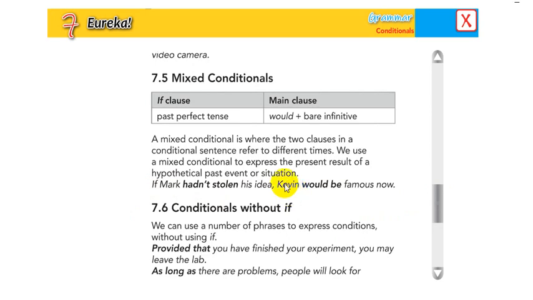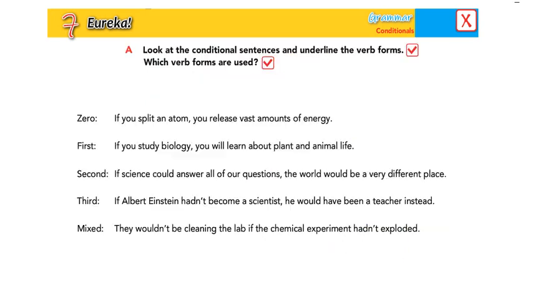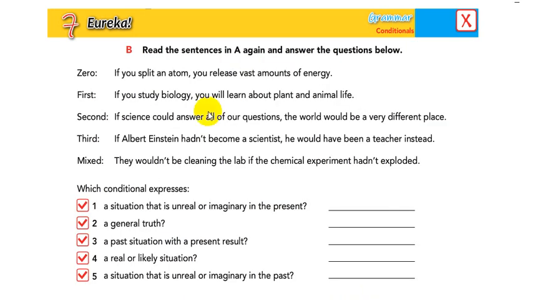Are you following? Okay, who can give me more examples about the mixed conditional, guys? Now I need you to give me more examples. So I'll ask the students to give me more examples. Then we will move to answer more questions about the conditionals, as you can see here.